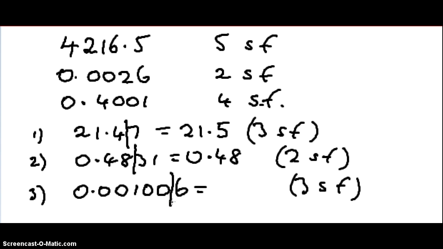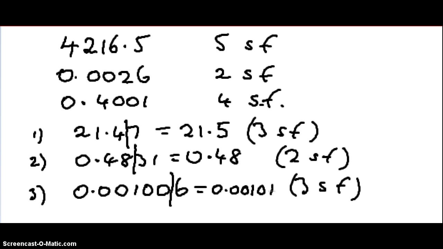In this case, the number after the line is a 6, which does mean that we will round the figure before the line up by 1. So my answer in the end must be 0.00101. I do need to put the decimal point and all the other figures in front in, because we still retain the same number, but we have simply rounded it to say it is closer to 0.00101 rather than 0.00100.